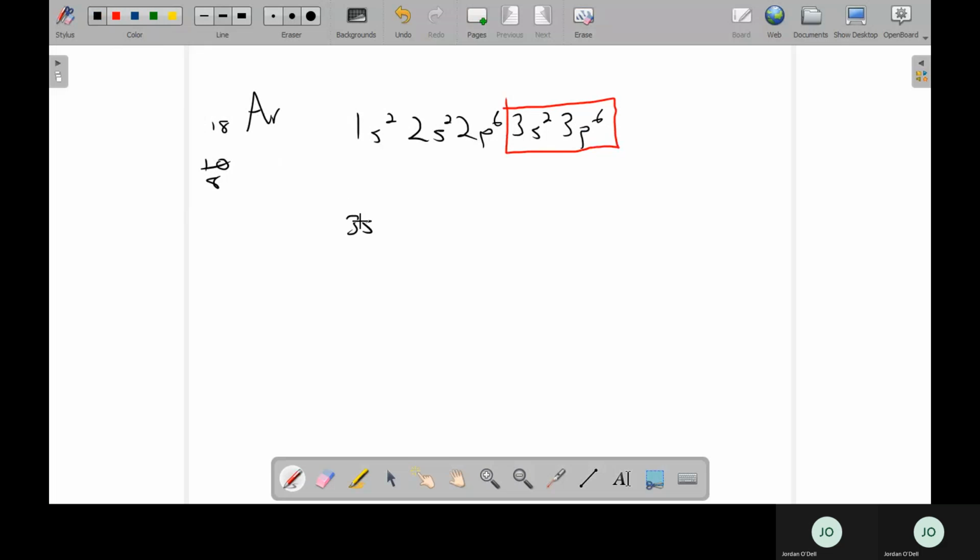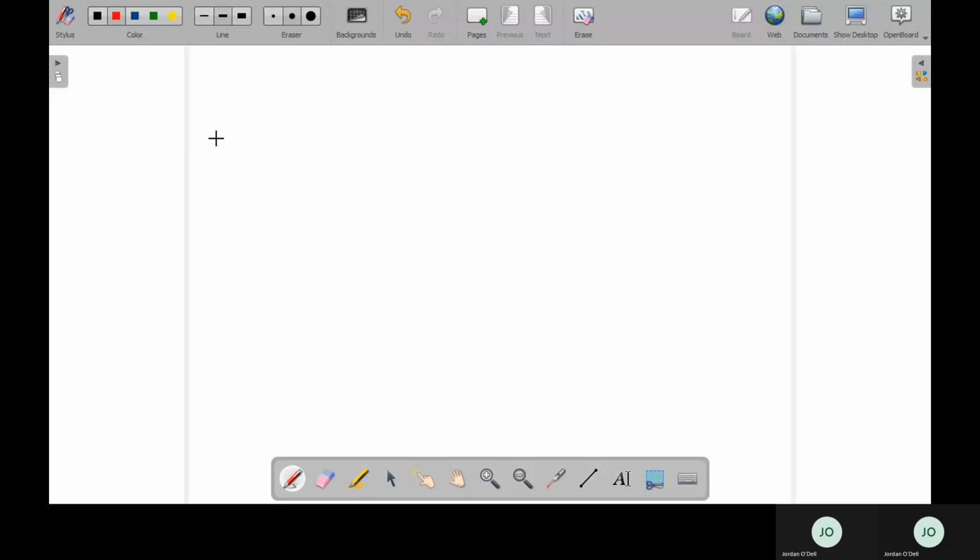So we have our 3s up, down, so we have a full 3s orbital. And then our 3p shell has 3 orbitals. Once again, up, up, up. There's 3, down, down, down. Gives us 6. So notice I have a full shell right here. With that being said, we have this concept of a noble gas configuration.